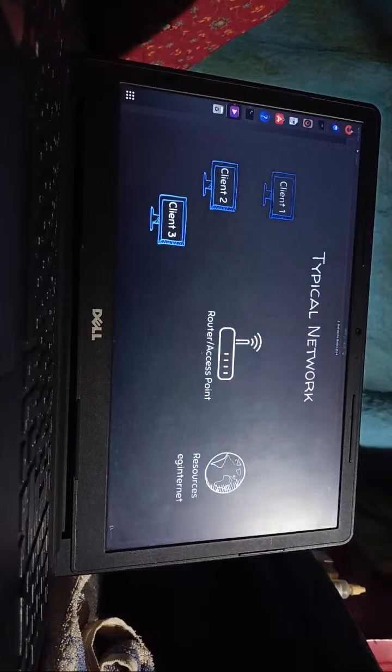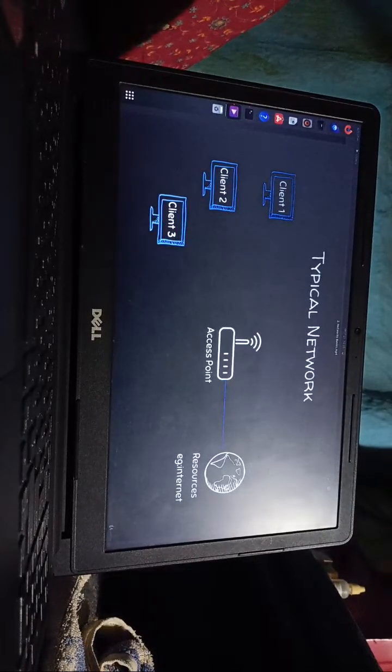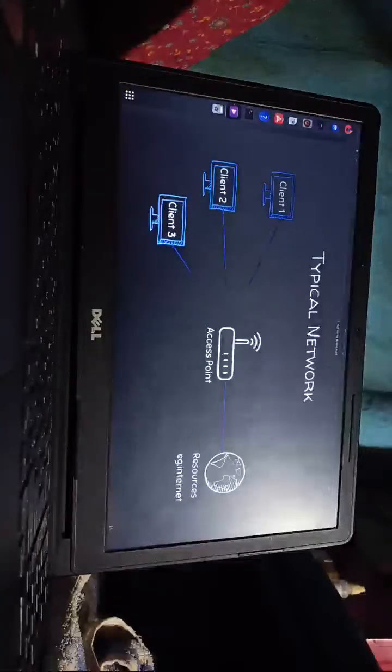This router or server or access point is the only device that has access to the resource. So none of these clients have direct access to the resource, even after connecting to the network. The only way they can access the resource is through the access point.